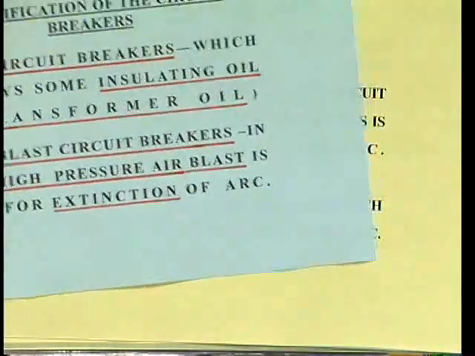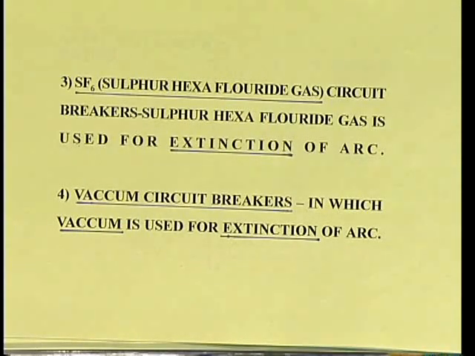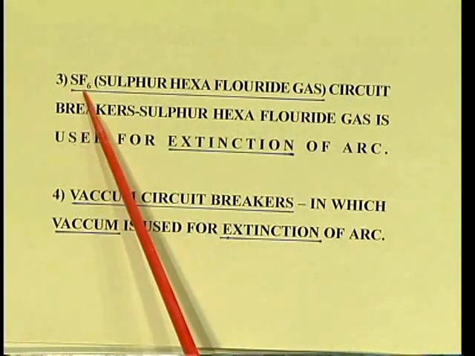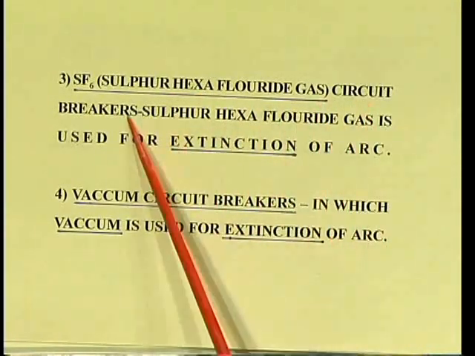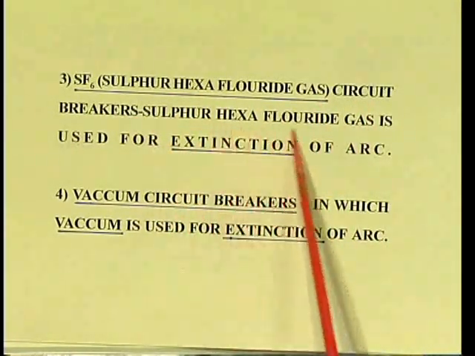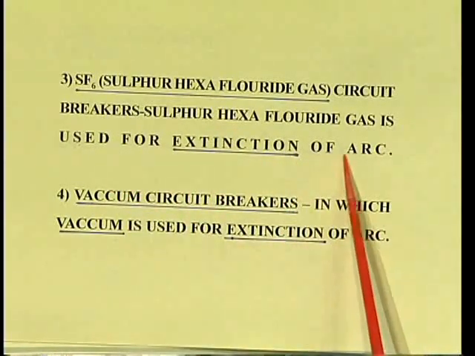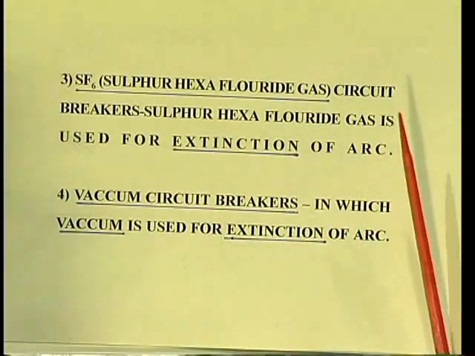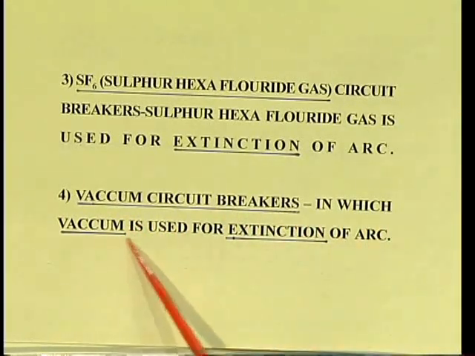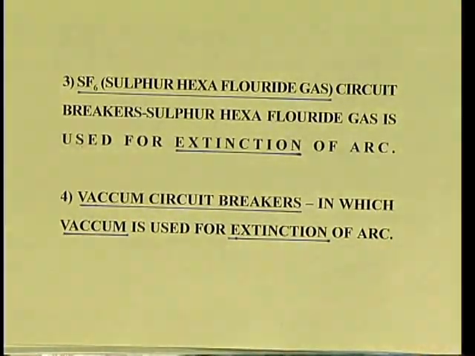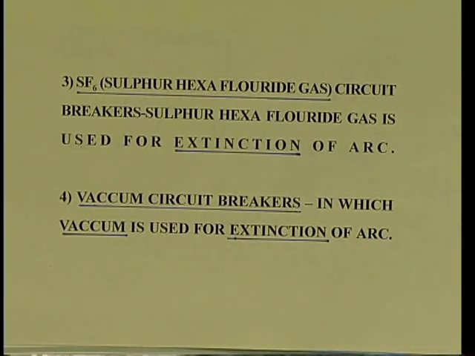Third type is SF6, sulfur hexafluoride gas circuit breakers, where sulfur hexafluoride gas is used for extinction of the arc. And fourth one is vacuum circuit breakers, in which vacuum is used for extinction of the arc. These are the four types of circuit breakers.